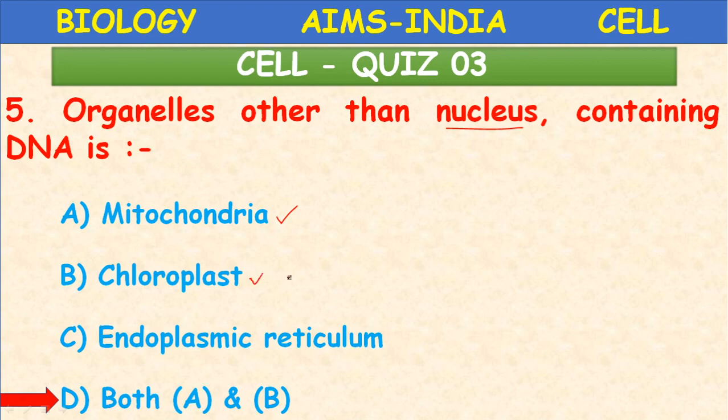The DNA present in the mitochondria is called mitochondrial DNA, and the DNA present in the chloroplast is chloroplast DNA, other than nuclear DNA. In animal cells also mitochondria contain DNA, but chloroplasts are absent in the animal cells. In plant cells, two organelles containing DNA other than nucleus are mitochondria and chloroplast.